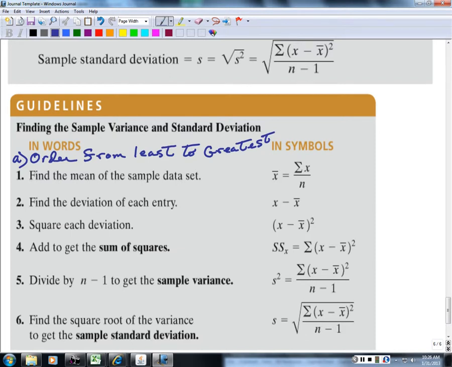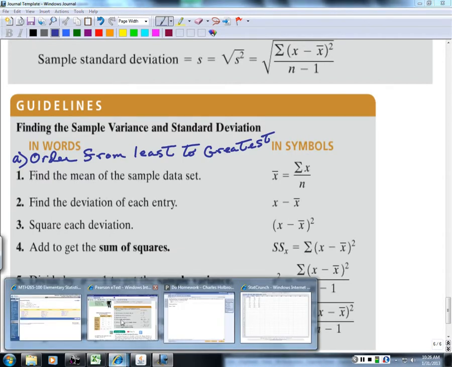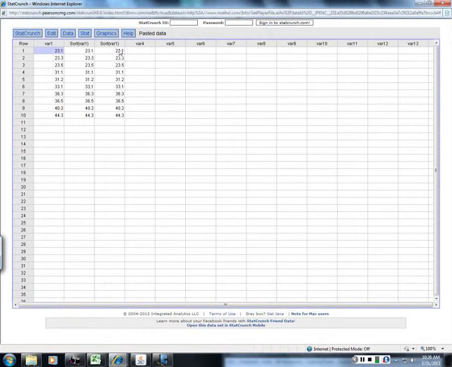Okay? We're going to go back to the data set that I was using before, that I went ahead and found the mean for, and then we were talking about the deviation and everything. If I go back into StatCrunch, that third column right there, that's the one that I'm going to key on. Okay?